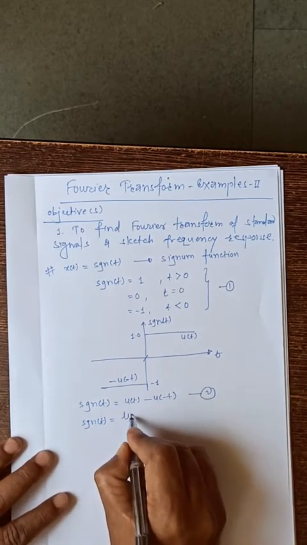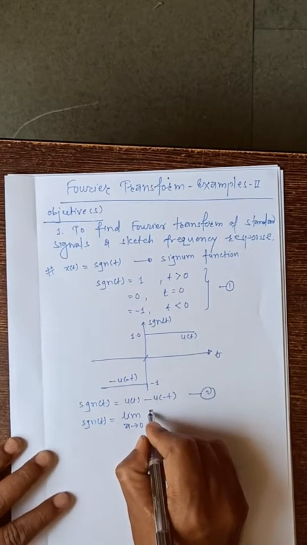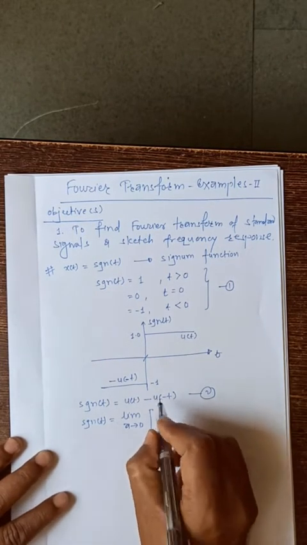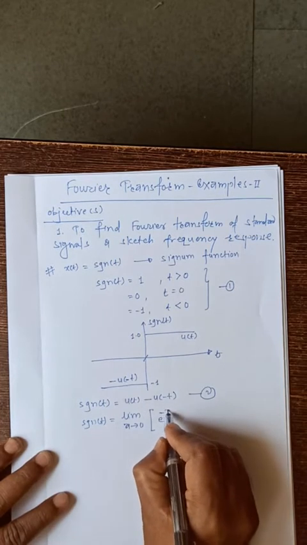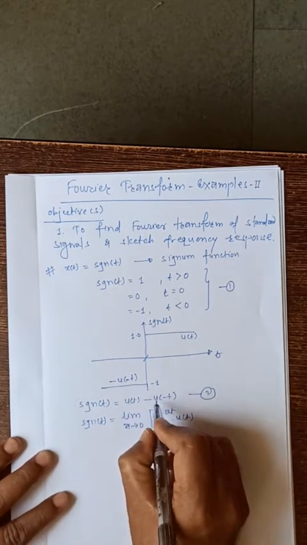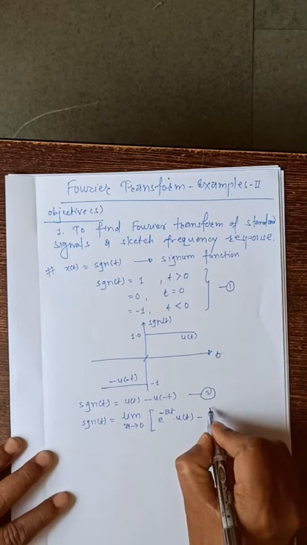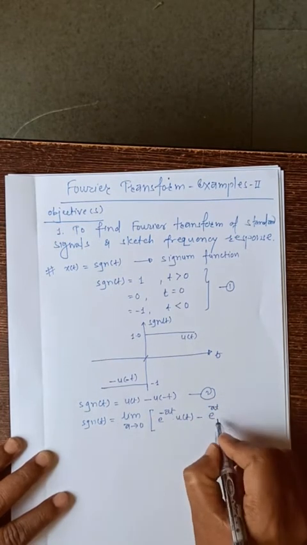sgn(t) is equal to limit as a tends to 0 of e raised to minus at into u(t), minus e raised to at into u(-t), because this is towards the negative side.